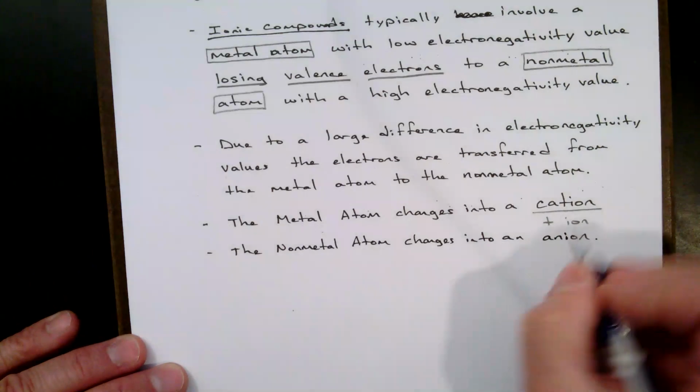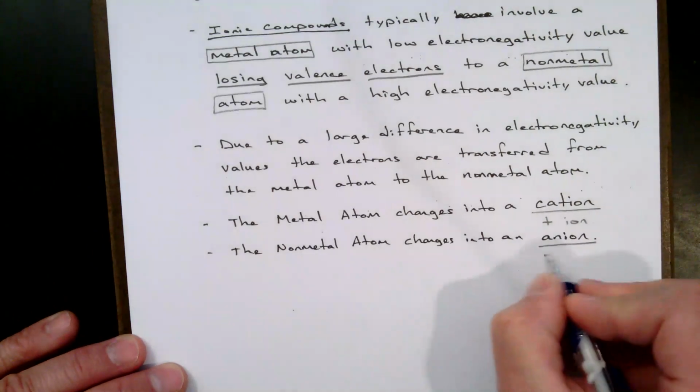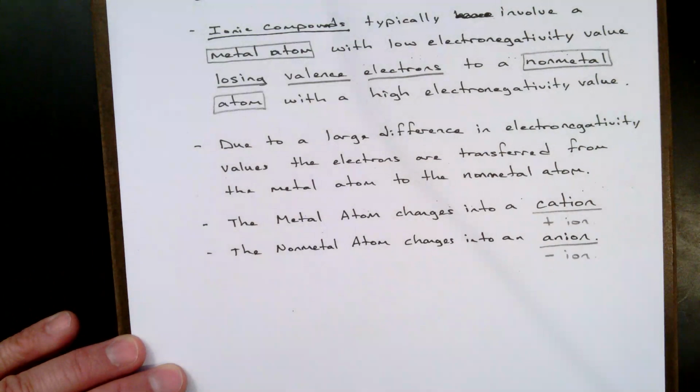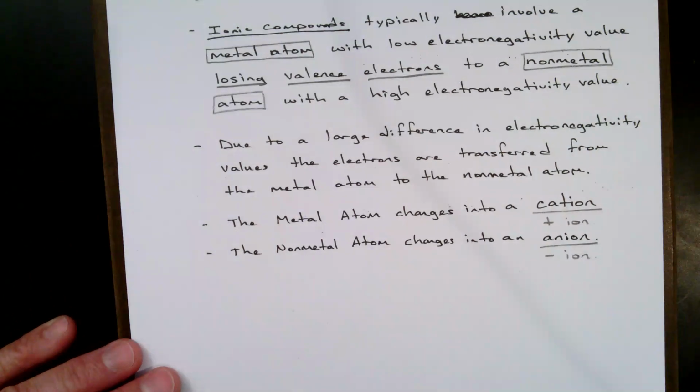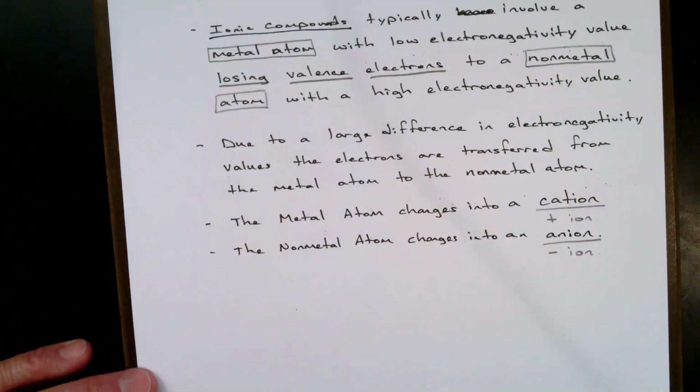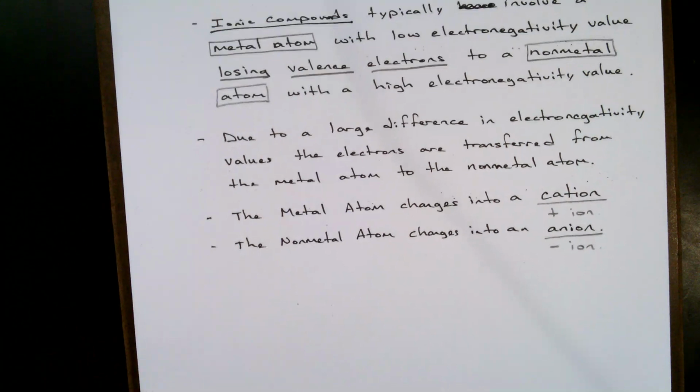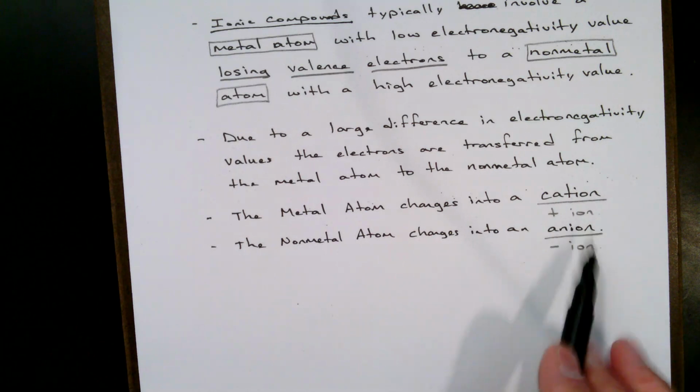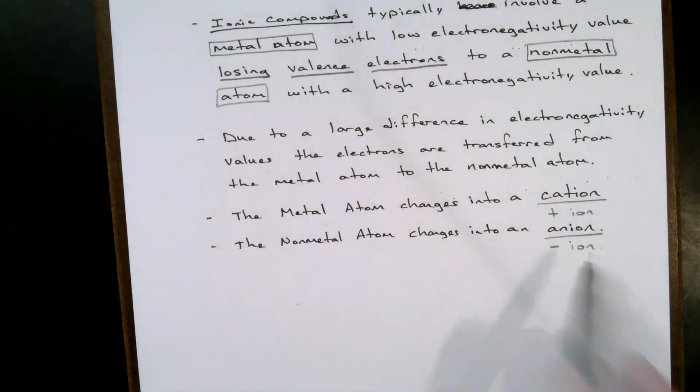And an anion is a negative ion. We talked about in the previous class the resulting structure, and the resulting structure is that positive and negative repeating pattern of the ions.